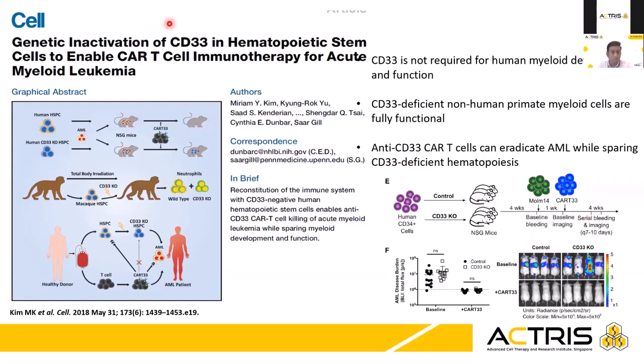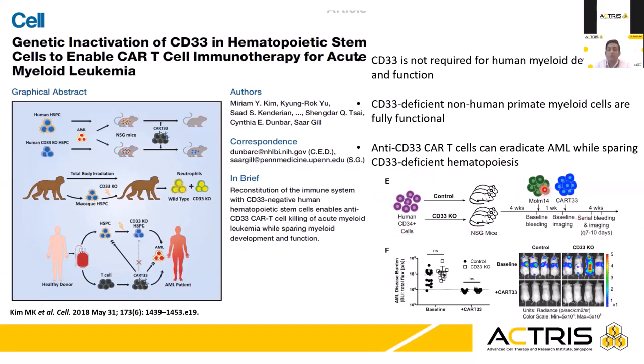In acute myeloid leukemia, CD33 is widely expressed, but CD33 is also widely expressed on all myeloid cells across our body, including other cell types as well, right? What this study did was show through appropriate animal model and in vitro testing that CD33 is not required, for example, for human myeloid development and function. So in that case, what they did was get rid of CD33 from human hematopoietic stem cells. They transplanted these cells into mice.